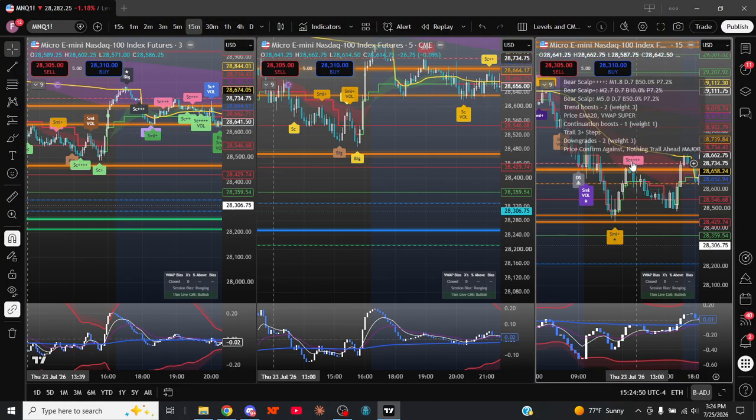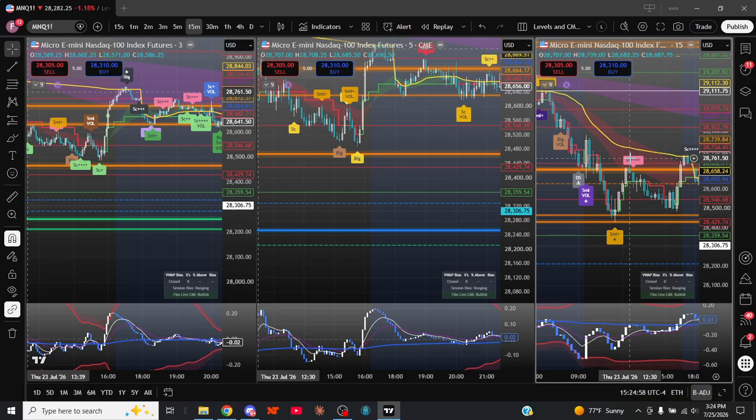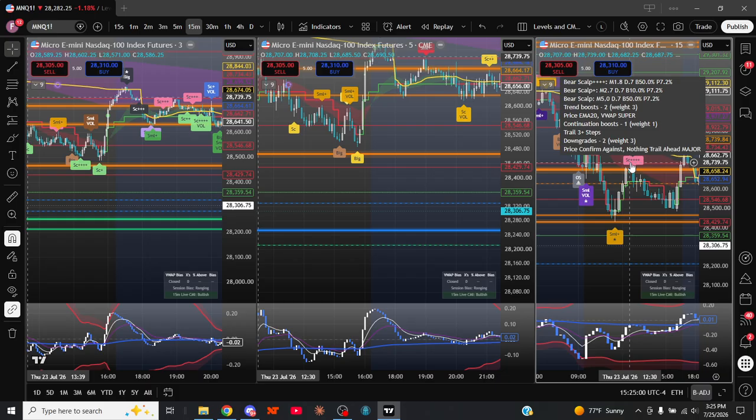And then you can take this reversal tag here. It has 2 downgrades and some trend boosts and continuation boosts. So it's got 2 trend boosts, 1 continuation boost, total weight of 4, and the downgrades, only 2 downgrades, total weight of 3, and they are against the trend ones, right?